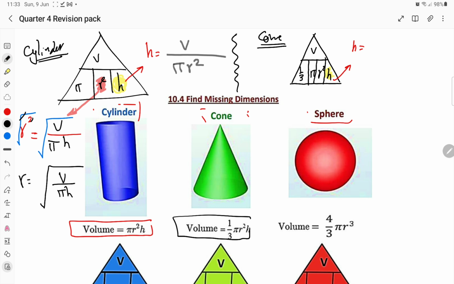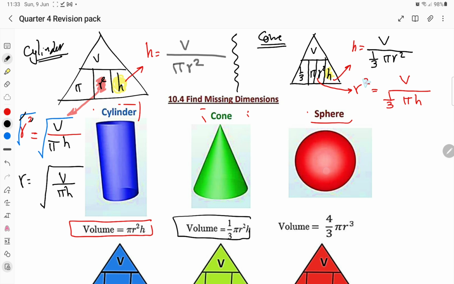Then height equals volume over 1 over 3 pi r squared. Very good. What about the radius? How can you find the radius? Radius squared is equal to volume over 1 over 3 pi h.